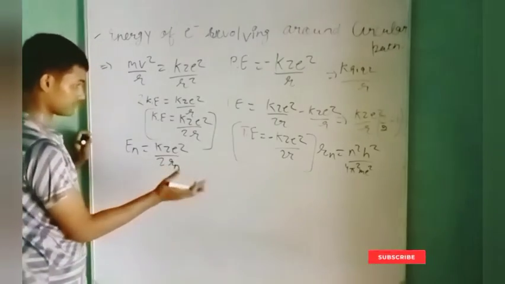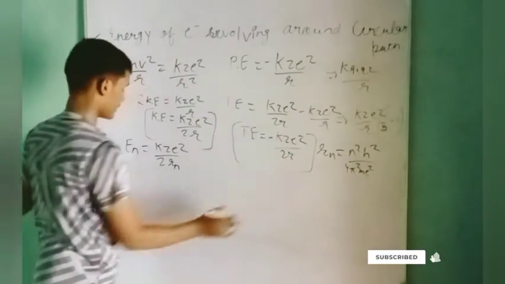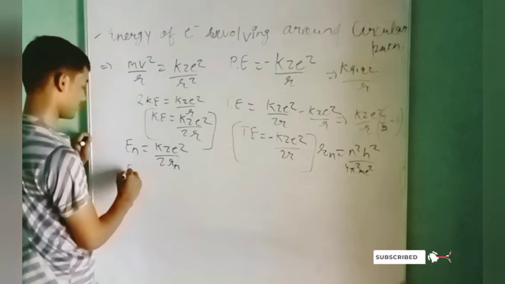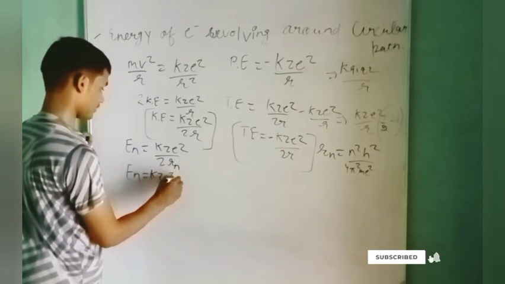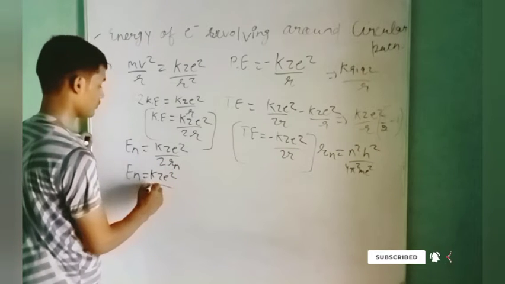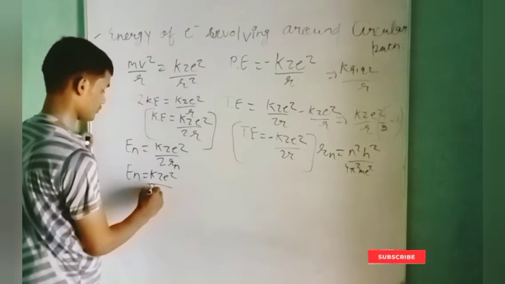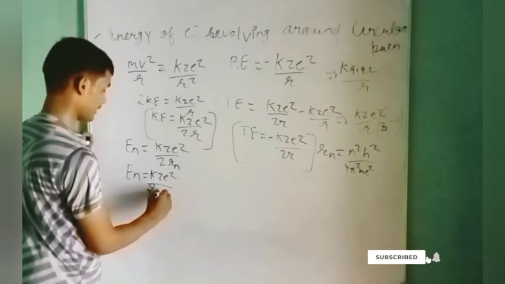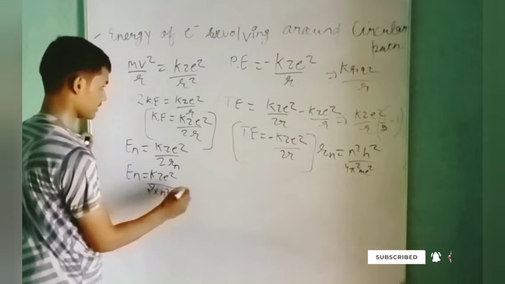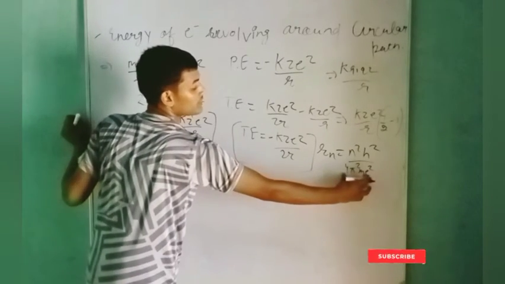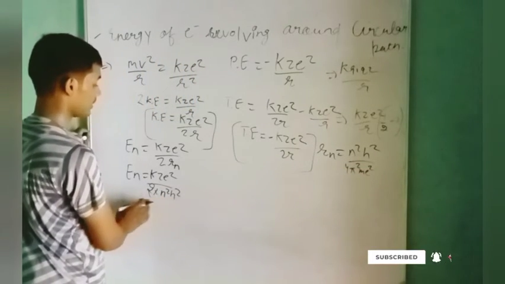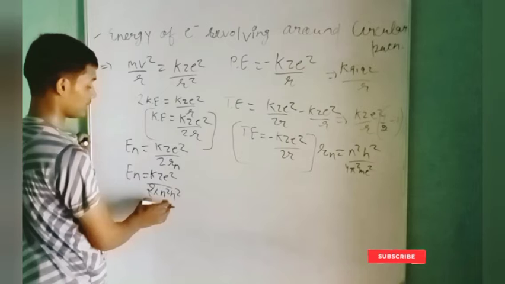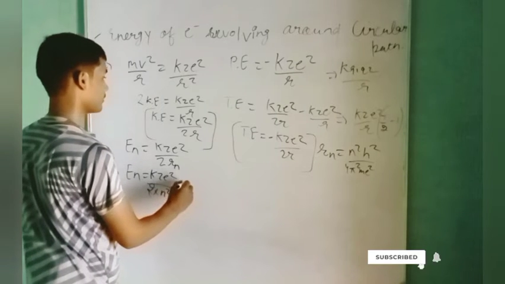Now we have to put the value of rn in this equation. So En is equal to kZe square upon 2 into n square h square, which is in the denominator, so when it is divided, it becomes a multiple.